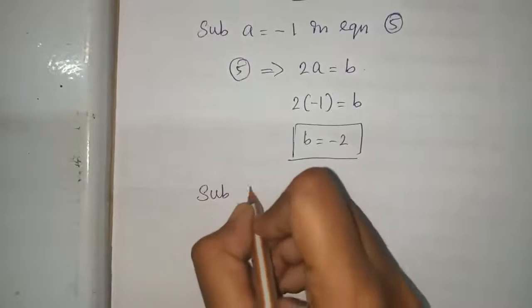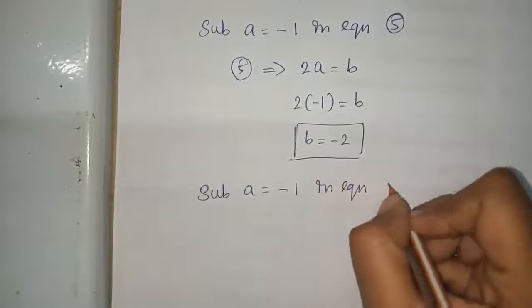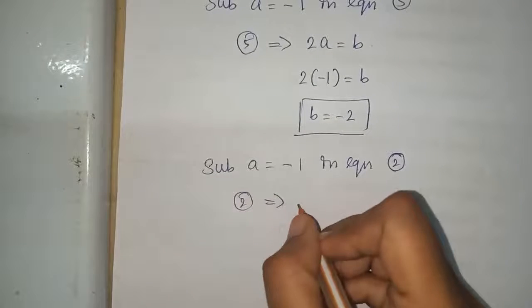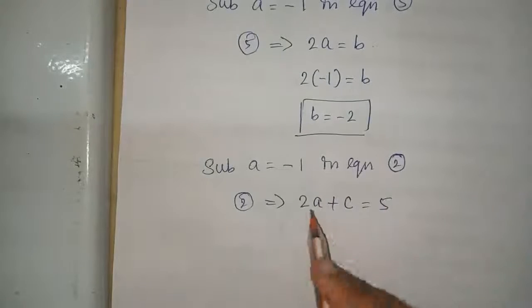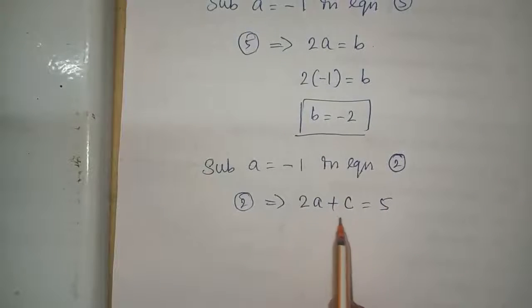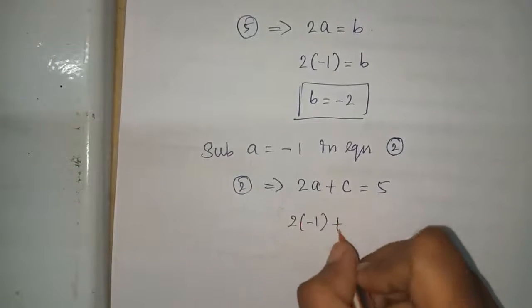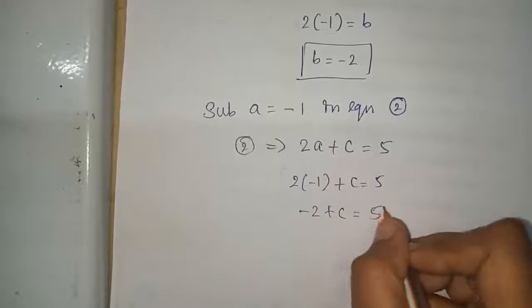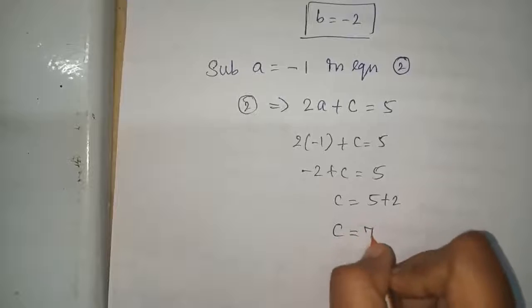Substitute a equal to minus 1 in equation 2, 2a plus c is equal to 5. If you substitute the a value here, you find the value of c. So 2 into minus 1 plus c is equal to 5. Minus 2 plus c is equal to 5. c is equal to 5 plus 2. The c value is 7.